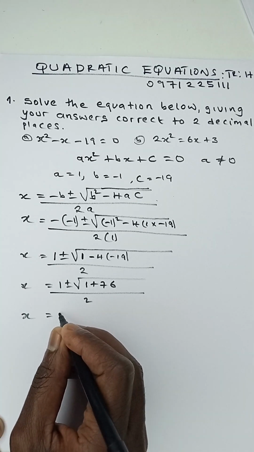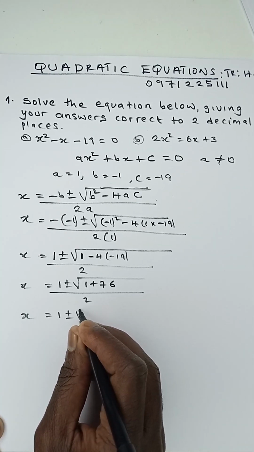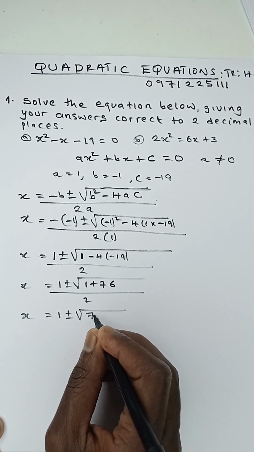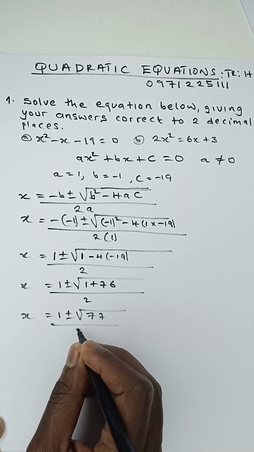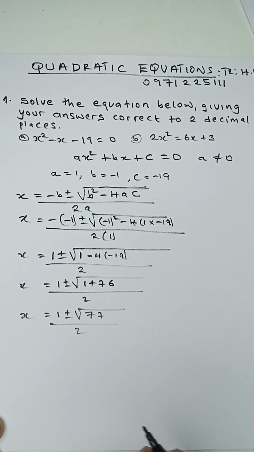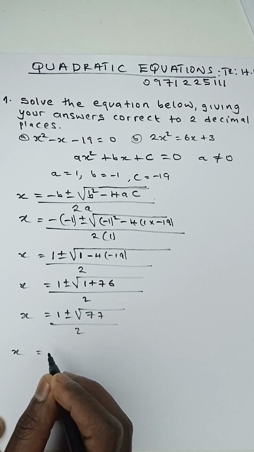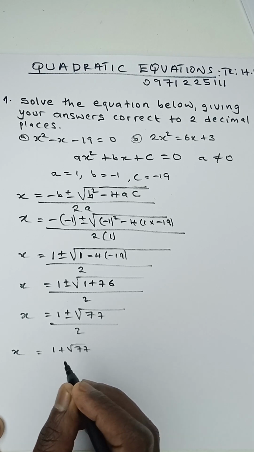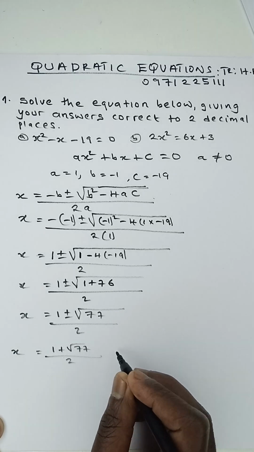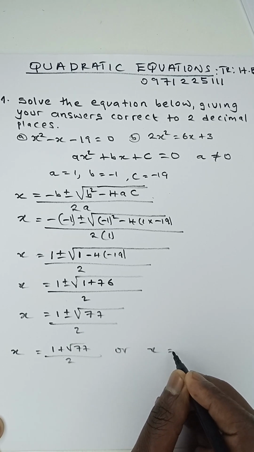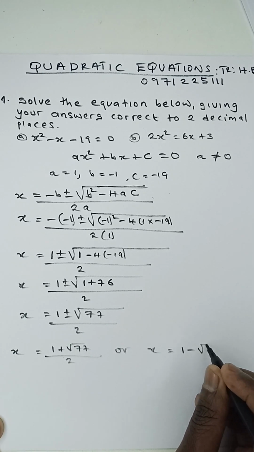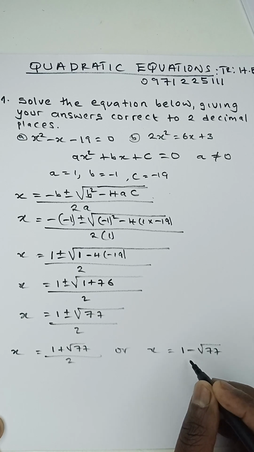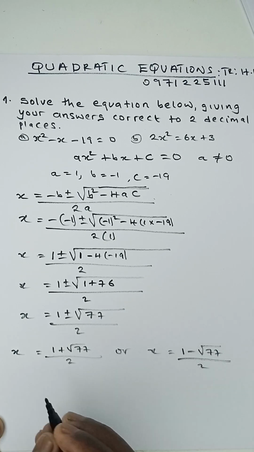So x will be equal to 1 plus or minus the square root of 77, over 2. Here we are going to separate them. x is equal to 1 plus the square root of 77, over 2, or x is equal to 1 minus the square root of 77, over 2.